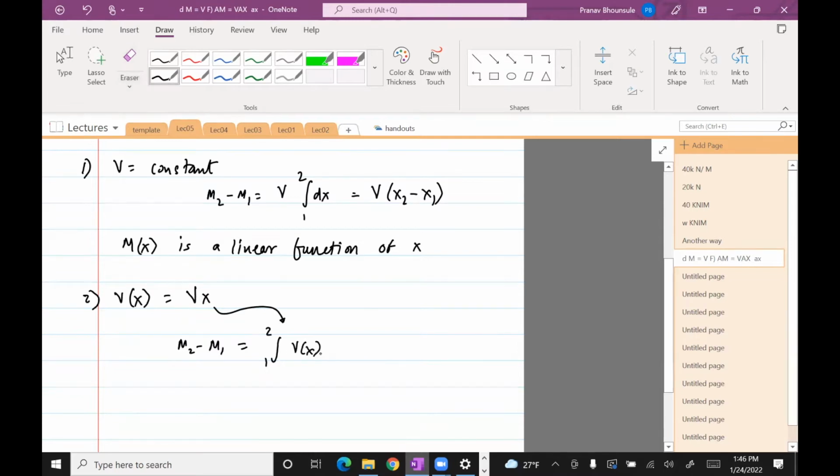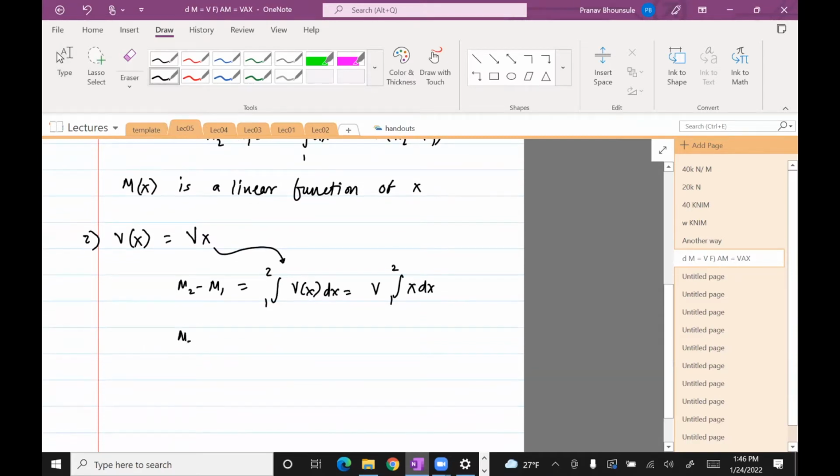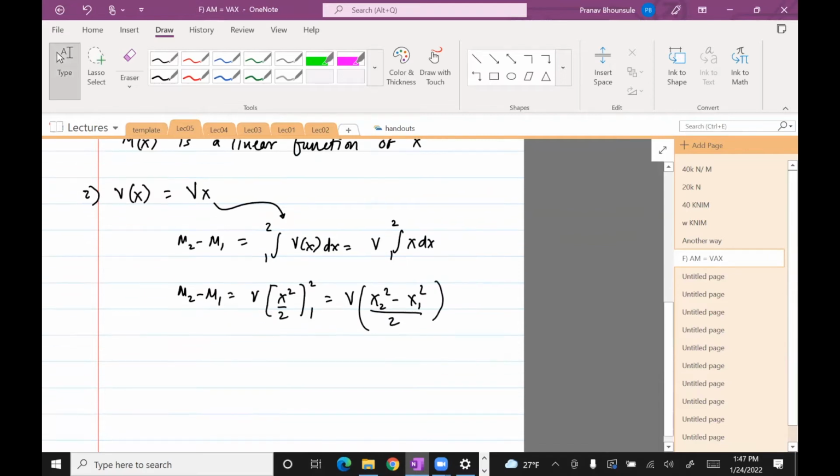So it's V of x dx, which is V, I can pull it out, it's constant, times x dx. The integral of x dx is x squared divided by 2, and then at the upper and lower limits gives me V times (x2 squared minus x1 squared) divided by 2. So in other words, what it's saying is that M of x is a quadratic function of x.